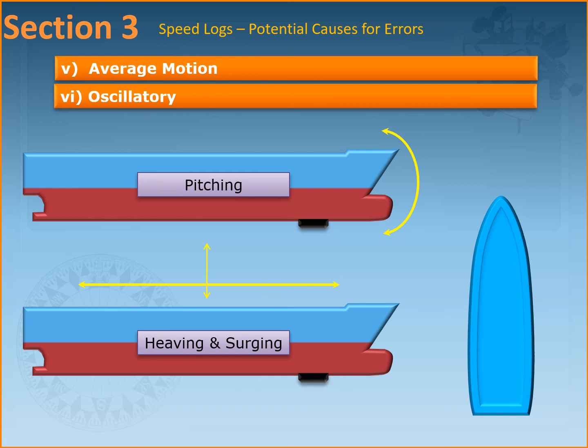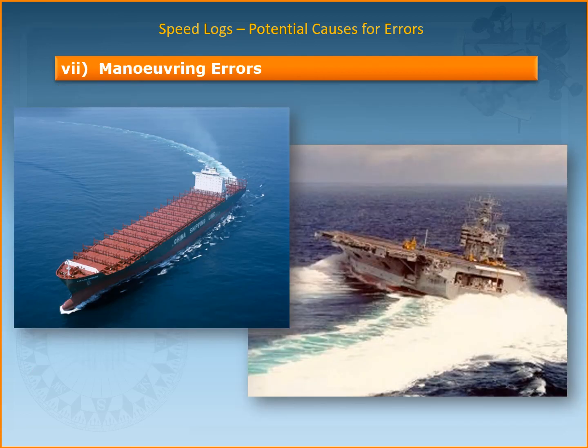The log is designed to measure speed along the track or the axis, the course, and in the horizontal plane. If the ship's attitude deviates from these, then a speed error is introduced. So any kind of trimming, pitching, and yawing causes this error, but the effects are usually small. Leeway errors can also be significant.